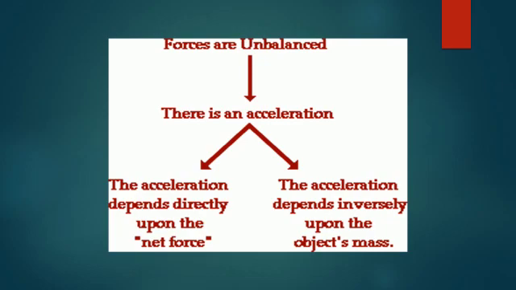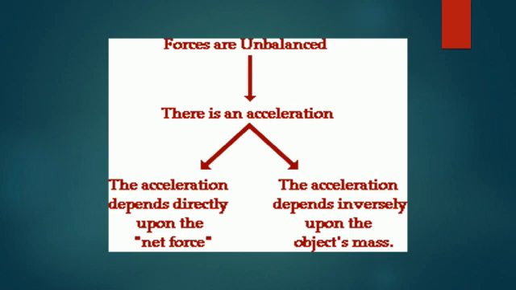So in Newton's second law, when the forces are going to be unbalanced, what will happen? There will be an acceleration here. I'm going to apply some force, and when unbalanced forces act, they are going to make your objects move. So when a force is applied, there is an acceleration on the body.